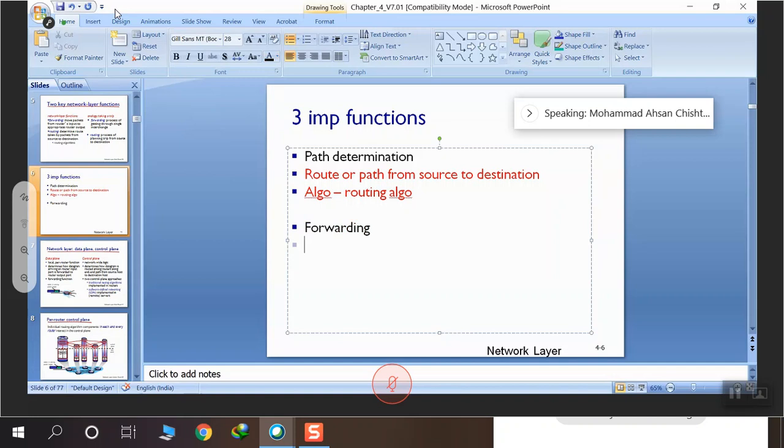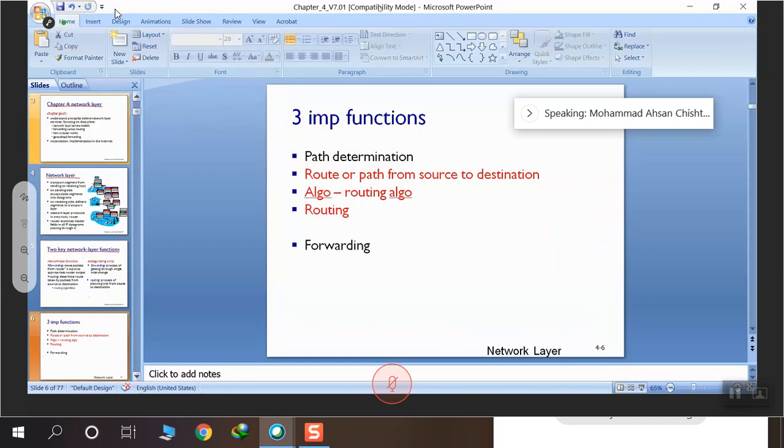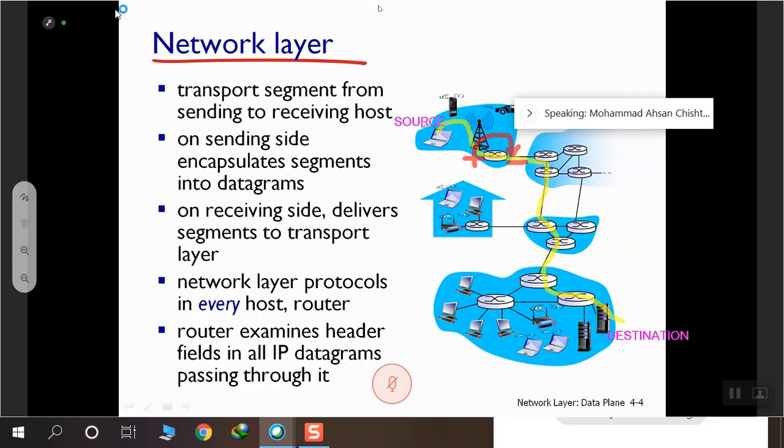So passing off the packet from here to here is a local action, a router local action. It transfers from an input link to the output link.